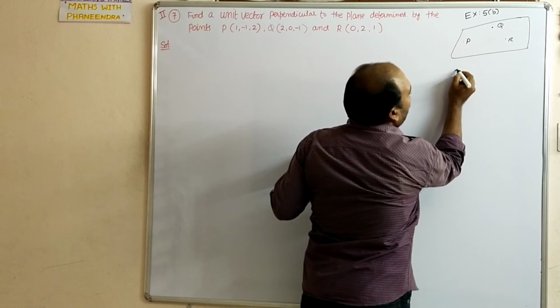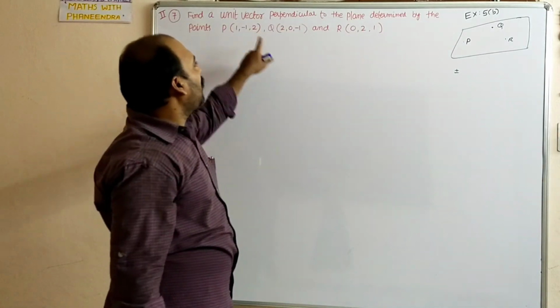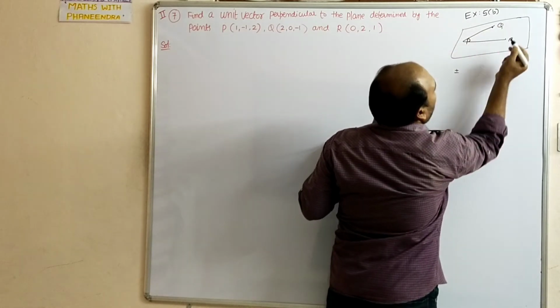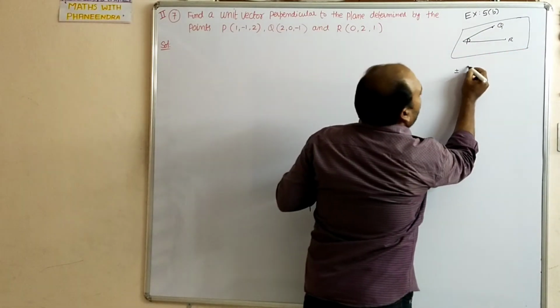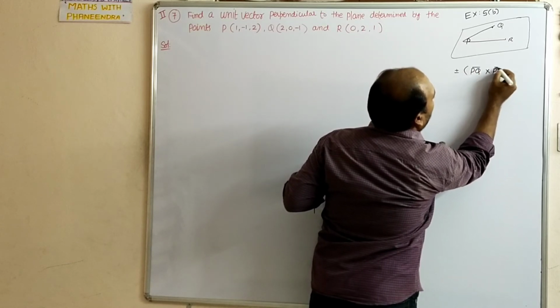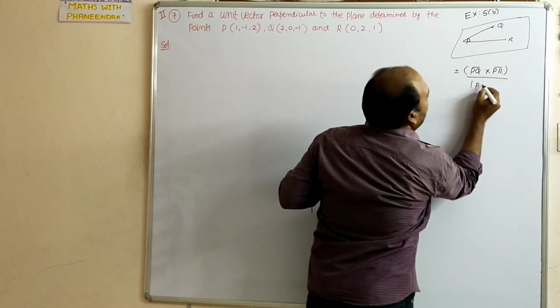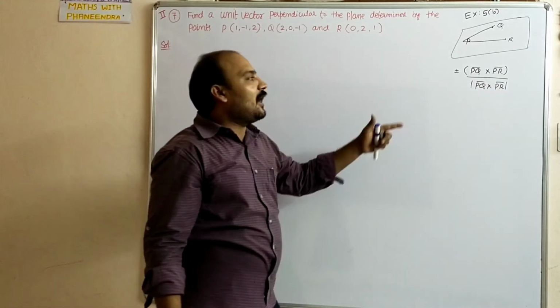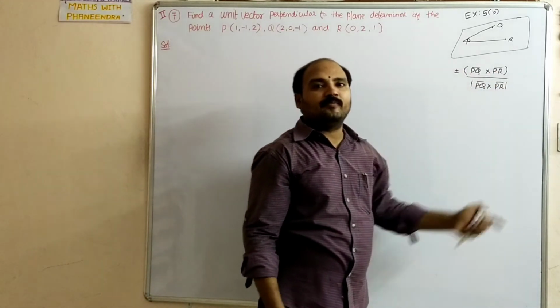So the formula: unit vector perpendicular to both vectors. So PQ and PR vectors you calculate, plus or minus PQ bar cross PR bar divided by magnitude of PQ bar cross PR bar. So how to calculate PQ bar and PR bar?